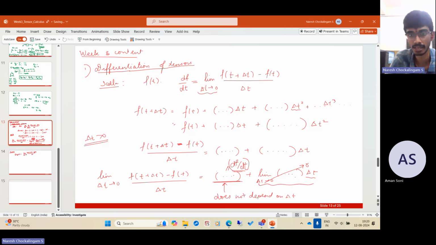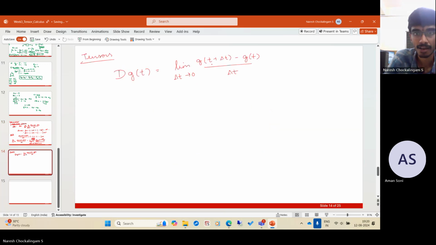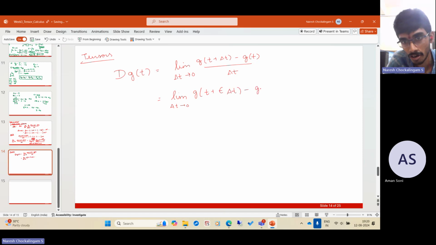So that is how we define this derivative, right? So you take this definition. Now analogously, you can also write this, keeping the delta t as it is. So let us write it as the limit delta t going to 0 of g of t plus, put a small value epsilon delta t, minus g of t plus 0 times delta t, divided by delta t.